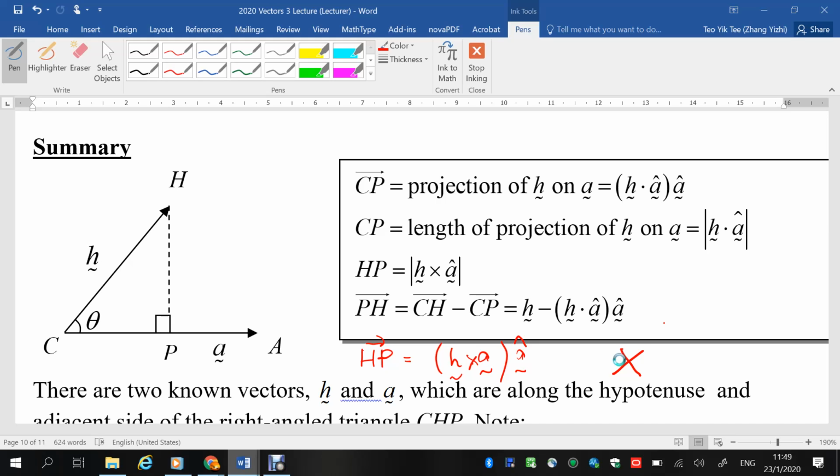If I want the vector HP, the only way out is via these groups. First formula, I find the vector CP first. And then from there, I can find the vector OP. And from OP, I find HP. Can you understand? To find vector HP, the only way is to find vector CP first, and then from CP, you find OP, and with OP, you can find HP.